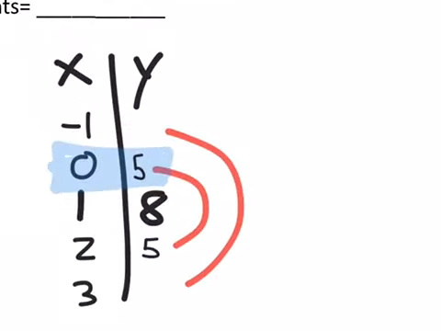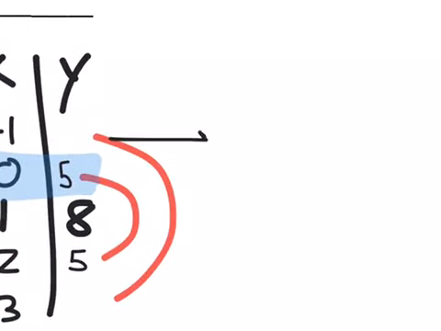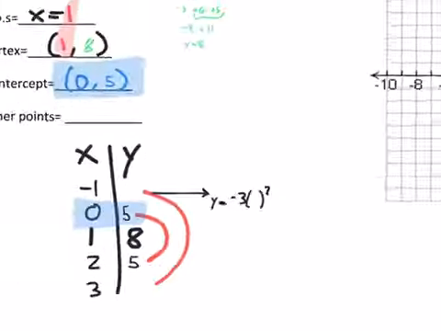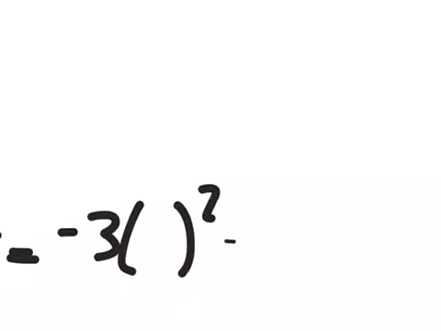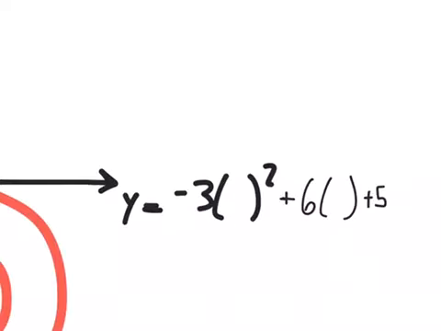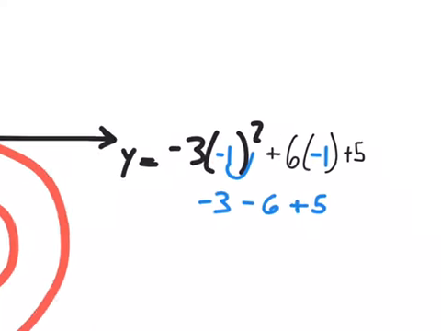So now all we have to do is plug in either negative 1 or 3. I'm just going to choose the negative 1 here. So our equation was negative 3 x squared plus 6x plus 5. And we're evaluating here at negative 1. So we have negative 1 squared to get positive 1. Positive 1 times negative 3 is negative 3. Subtract 6 plus 5.